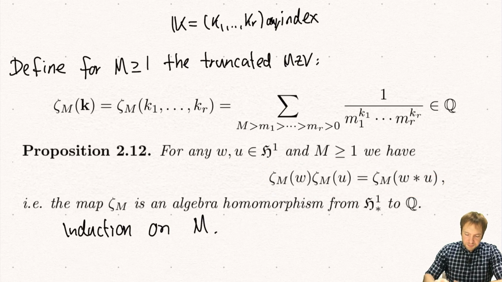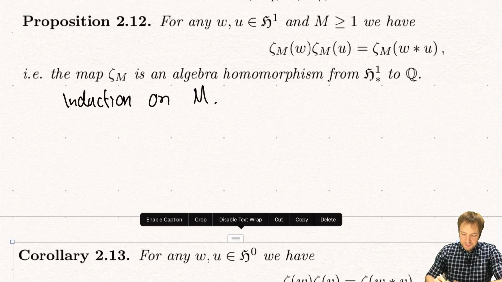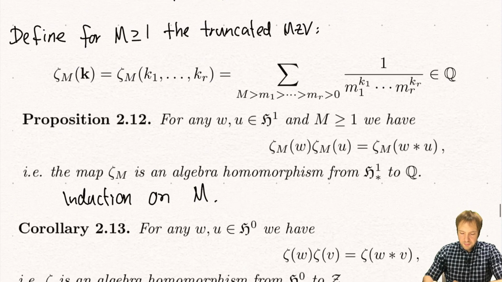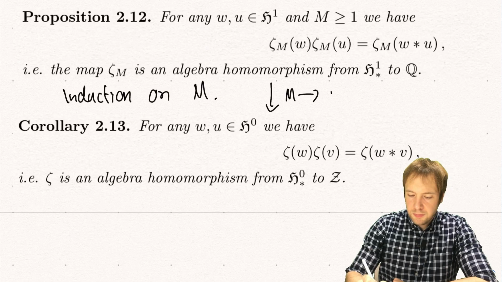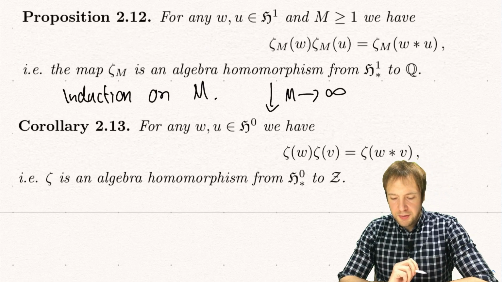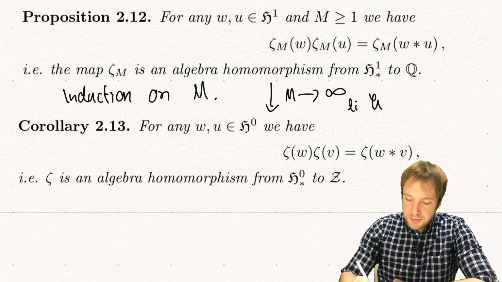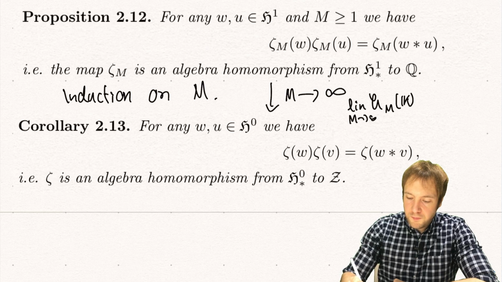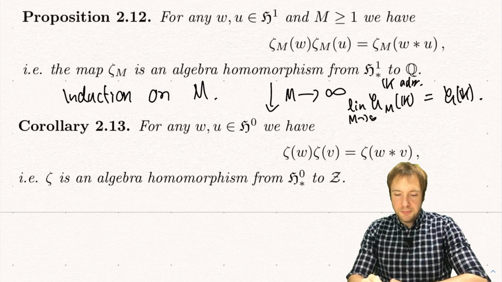And then taking M going to infinity, we see that we also get this statement for multiple zeta values, because clearly the limit M going to infinity of zeta_M of an admissible index is just zeta(k).